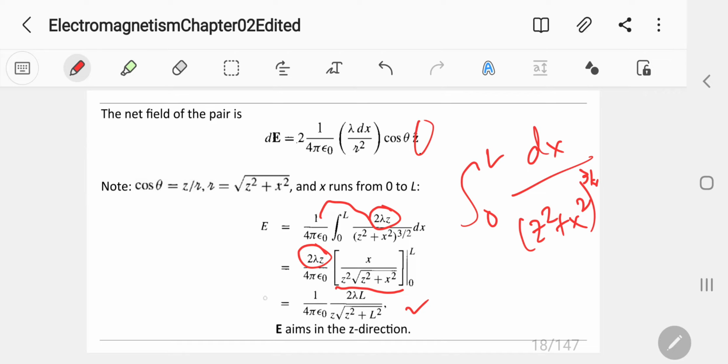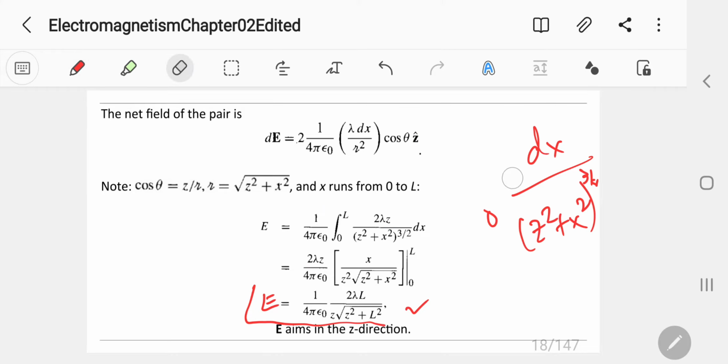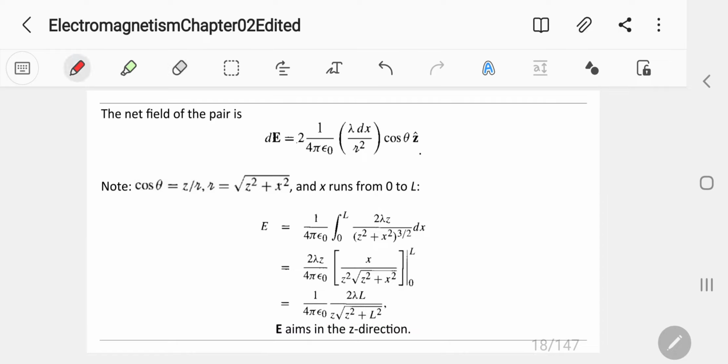So you will have E in the z direction of that expression.